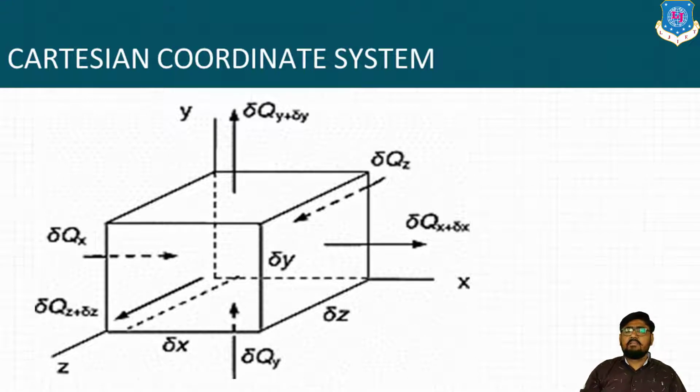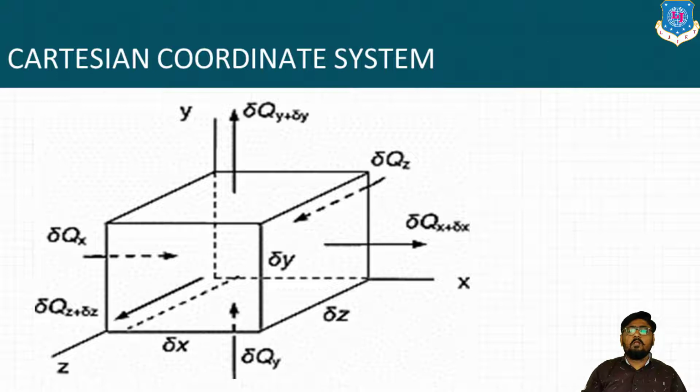It is entering as qx. After that, at the exit point, it will be x plus delta x. Similarly for y, entering is qy and at the exit point it is y plus delta y. Similarly from the z direction, entering is qz and the exit point is z plus delta z, as you can see over here. So this is nothing but a Cartesian coordinate system in which we are discussing the x, y and z directions.